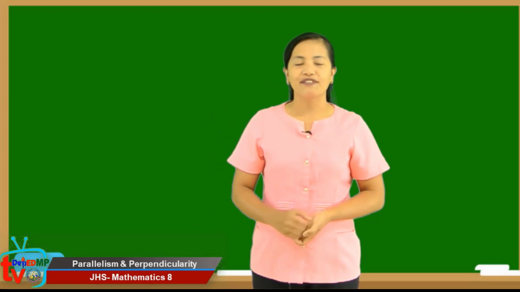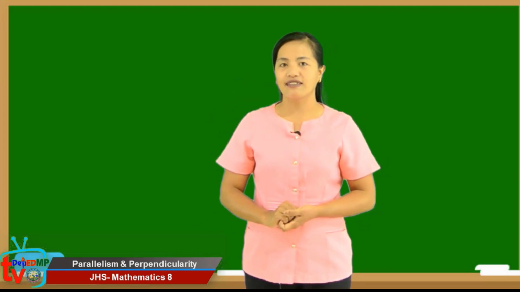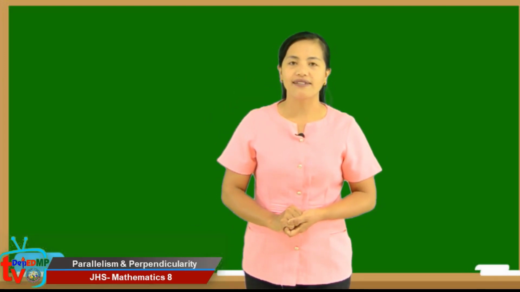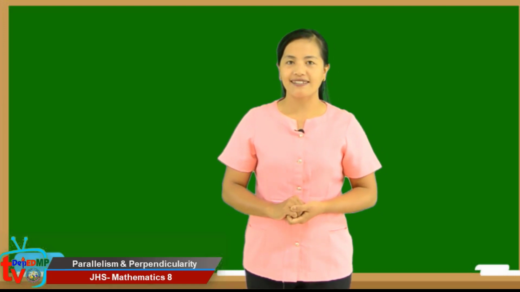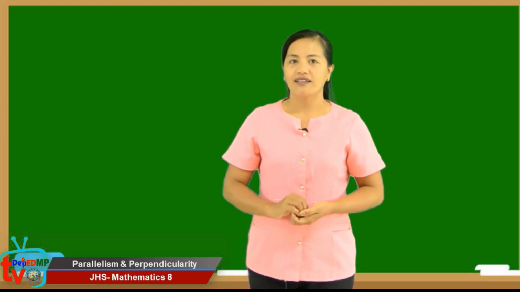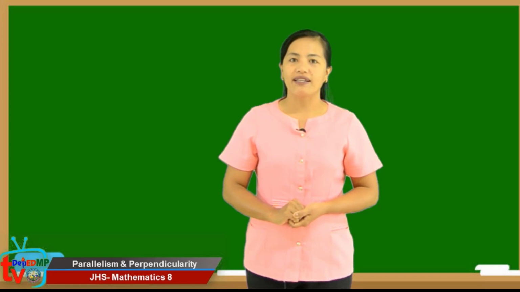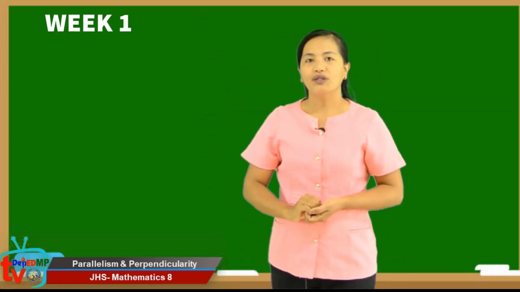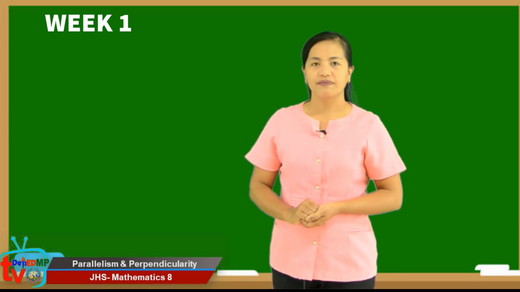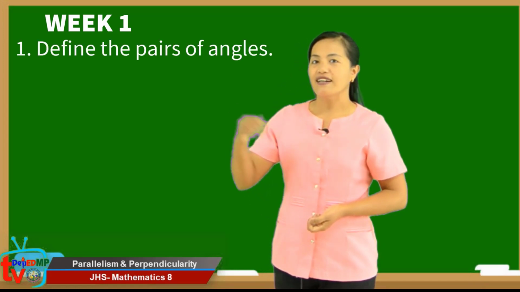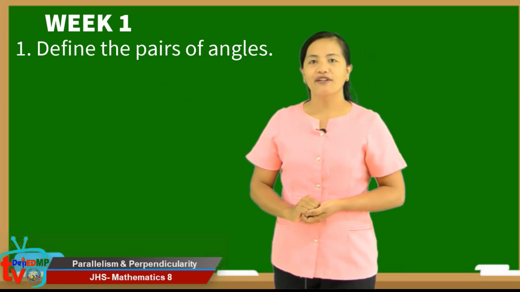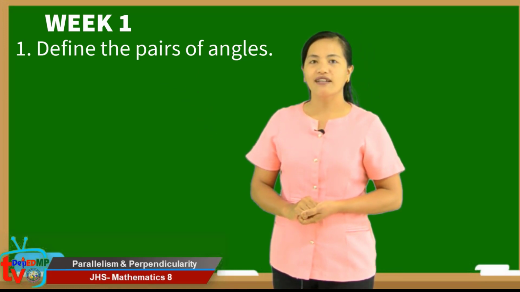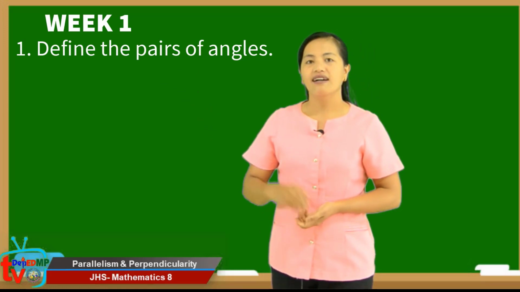Our topic is good for 2 weeks, as indicated in the module. Likewise, we will be dividing the tasks for 2 weeks. In this lesson, you will be guided with these objectives. For week 1, you are expected to first, define the pairs of angles formed by parallel lines cut by a transversal.